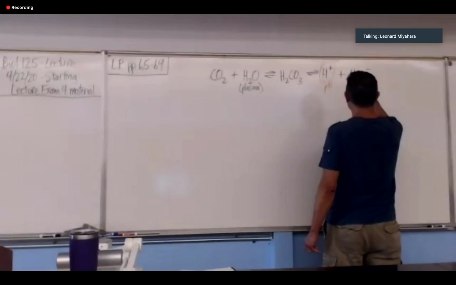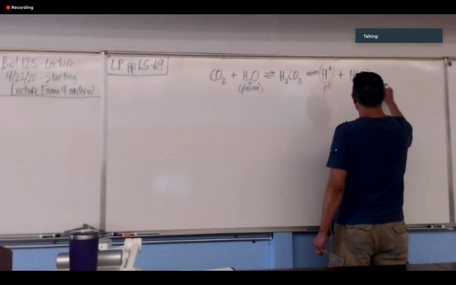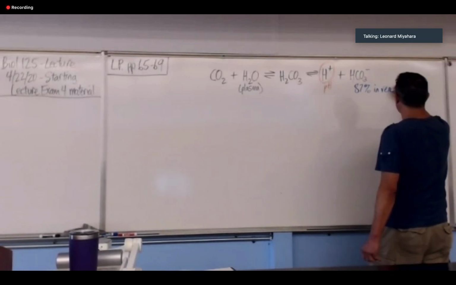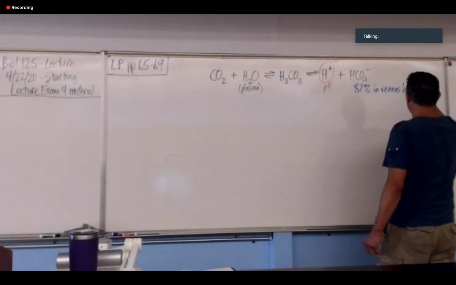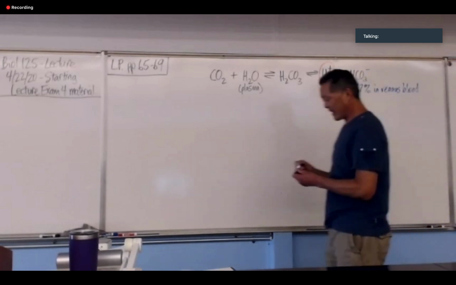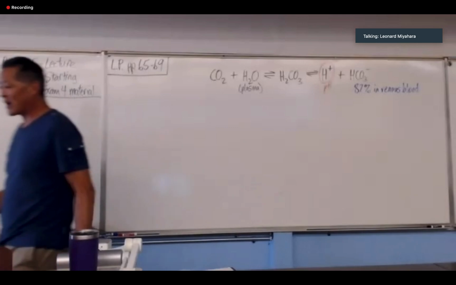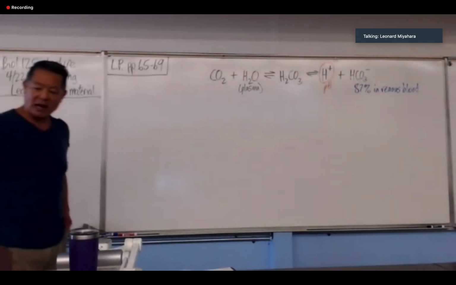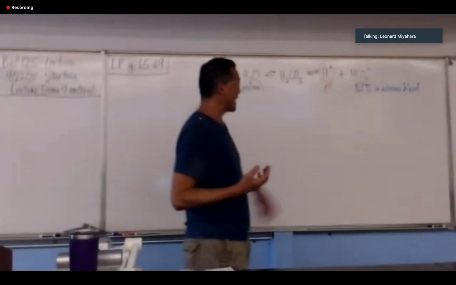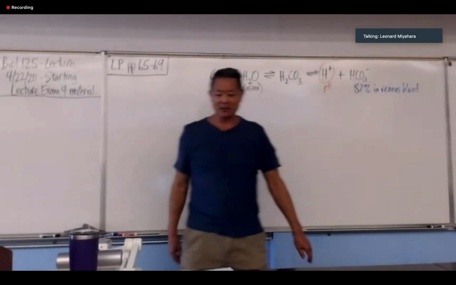Venous blood. Percent is actually not traveling as CO2. It's traveling as bicarbonate ion in plasma. This will go out into the plasma.